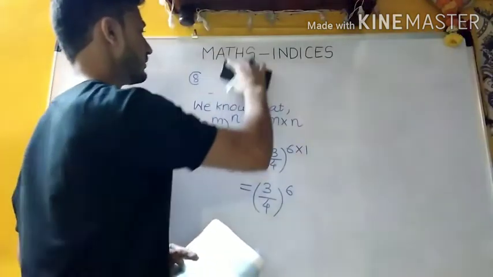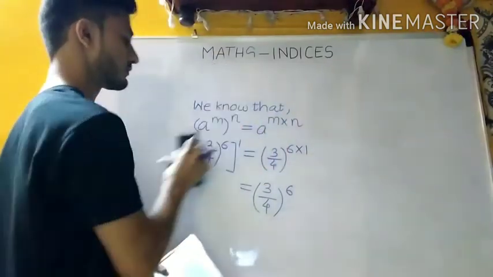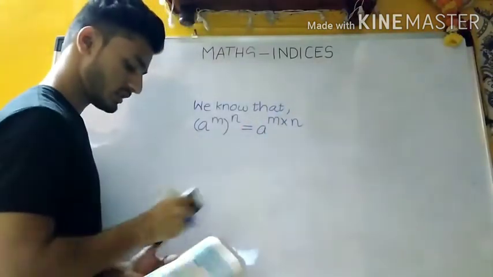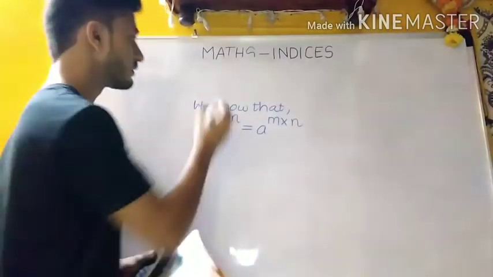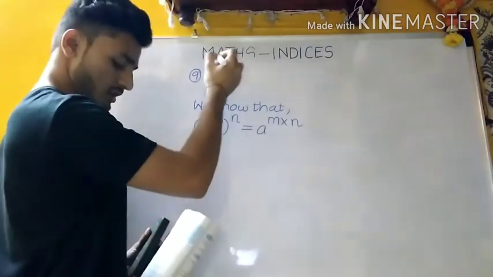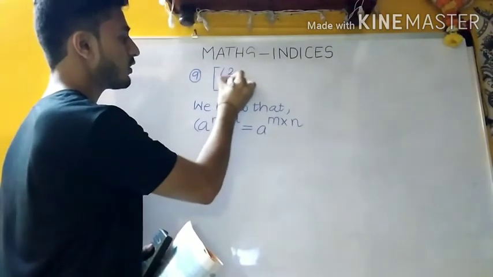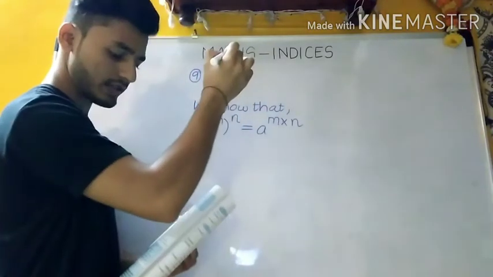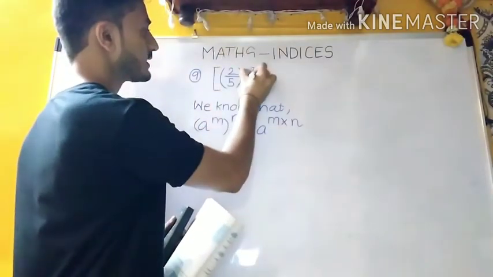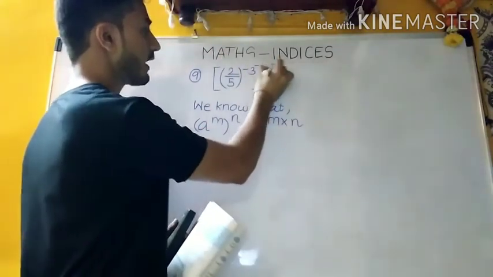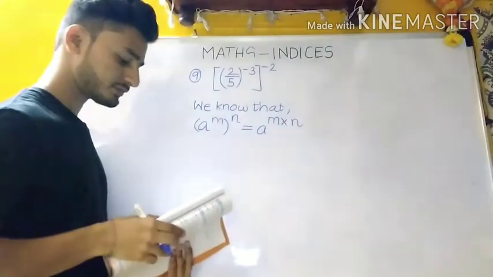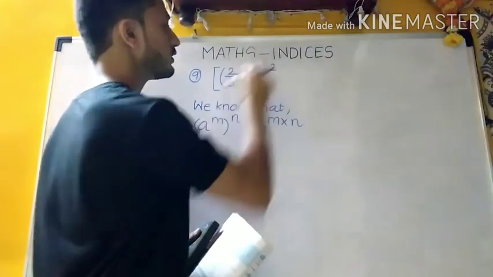And the last question, that is question number 9, is 2 upon 5 raised to the power minus 3 raised to the power minus 2. Okay, sorry, raised to the power 2.